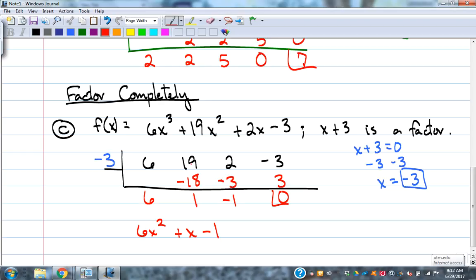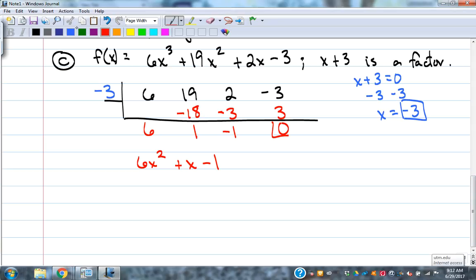If I'm going to factor something with 3 terms, I'm going to use that x method. Let's have a little bit more room here. If I use that x method, 6 times negative 1 is negative 6. We want it to add to be positive 1. So that would be 3 and negative 2 that does that. That would allow me to go 6x squared plus 3x minus 2x minus 1, and then group those.